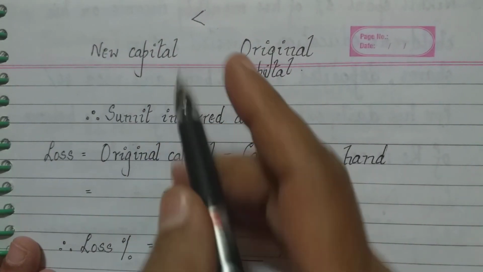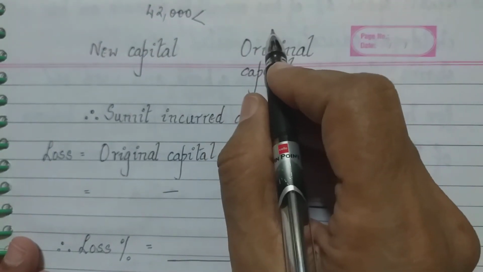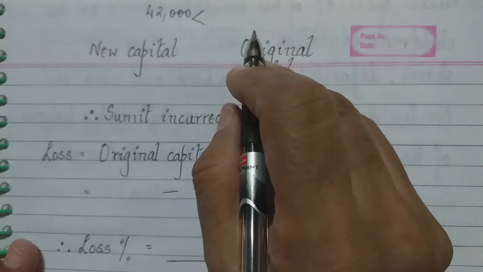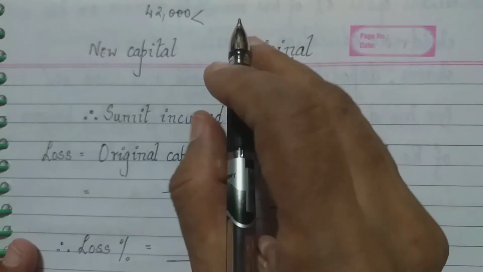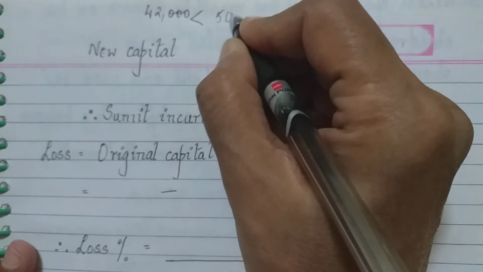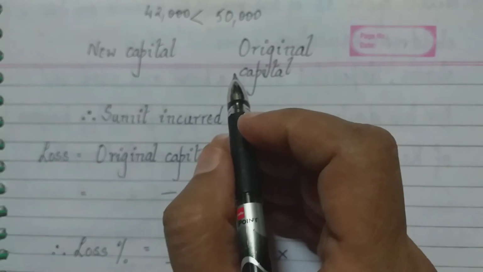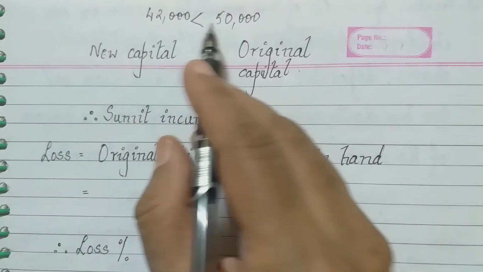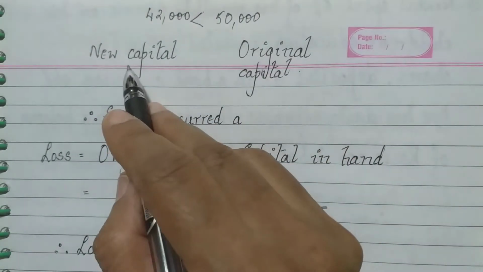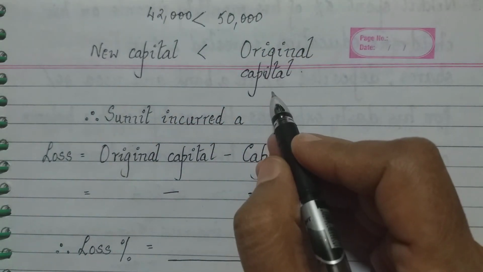Now this 42,000 rupees is less than the original amount he started off with. He had started the business with 50,000. So 42,000 is less than 50,000. So I put this less than sign: 42,000 less than 50,000. Therefore the new capital is less than the original capital.